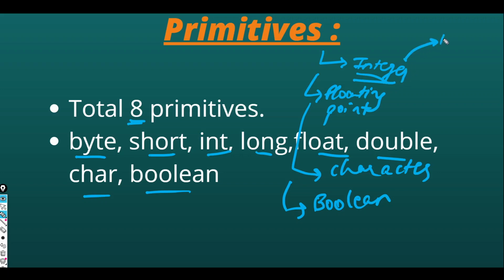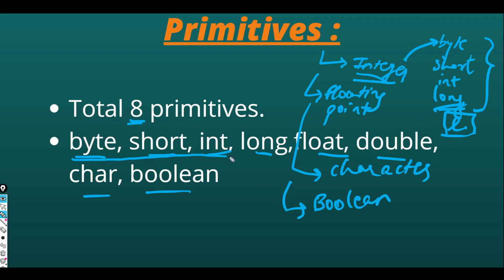In integer we said there are byte, short, int and long, and we covered all 4 of them. And we said telling L is only necessary if the range is outside the int range. So we discussed the starting 4.